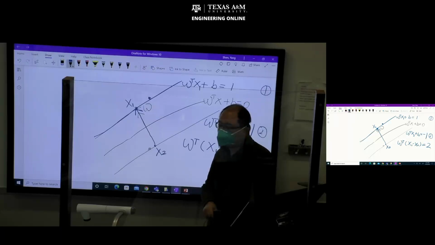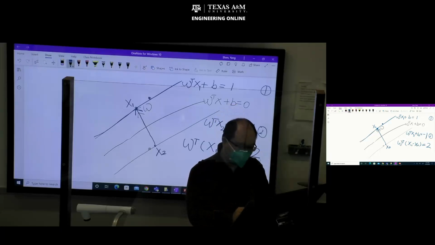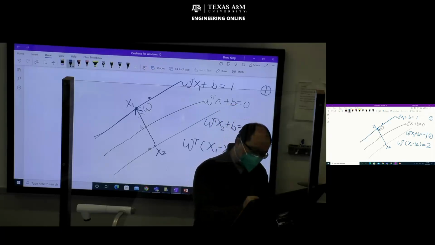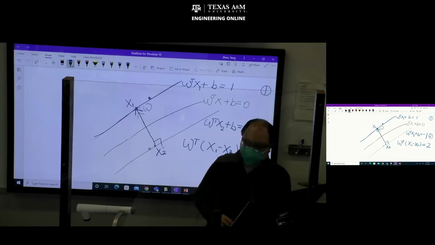Okay, are we close to getting the margin? What is the margin? Here I'm assuming that w and x1 minus x2 are perpendicular. So what's the margin?